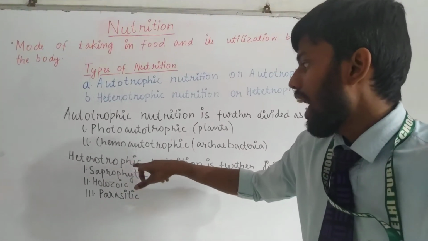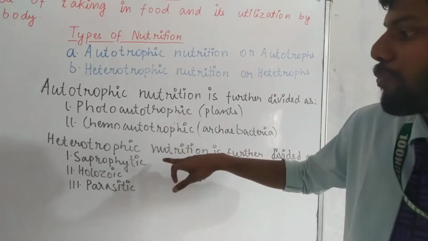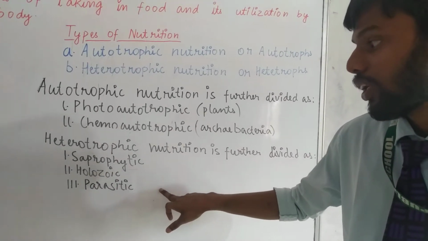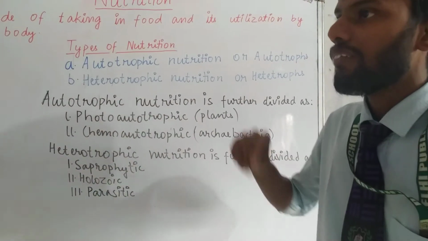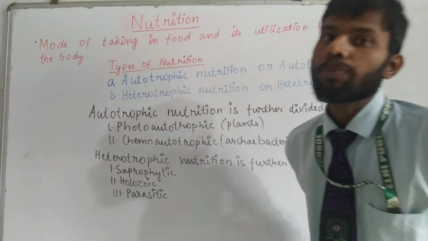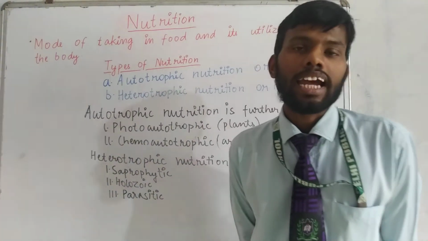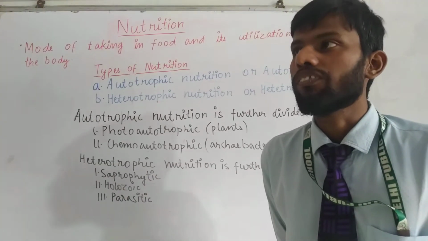Now, heterotrophic nutrition is further classified as saprophytic nutrition, holozoic nutrition, and parasitic nutrition. I am going to describe all of these one by one. First one is the saprophytic nutrition. It is that mode of nutrition in which an organism is dependent upon dead and decayed organisms for its food.